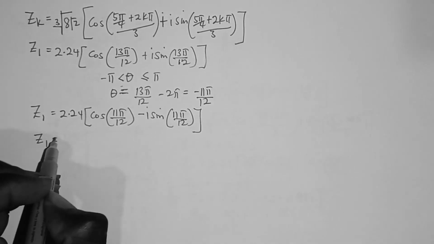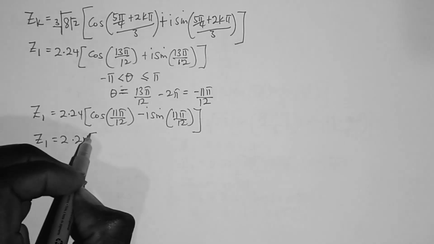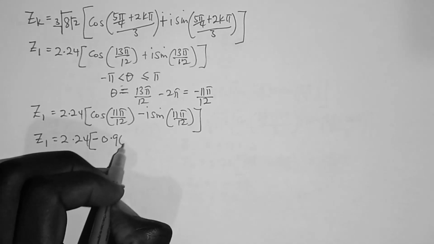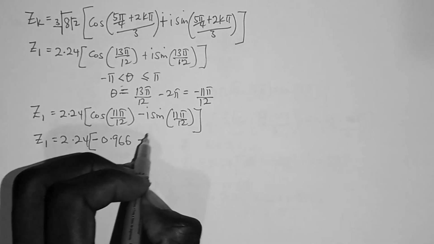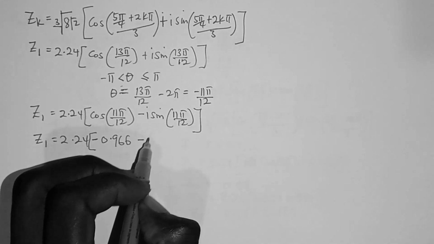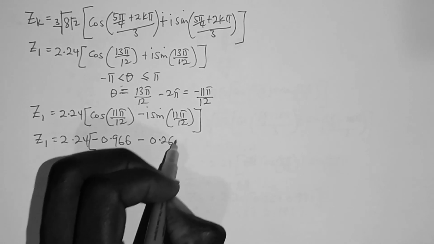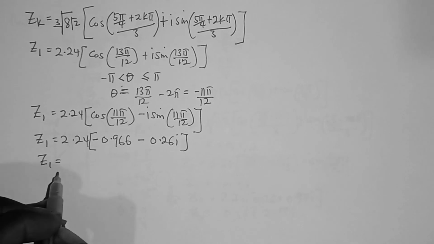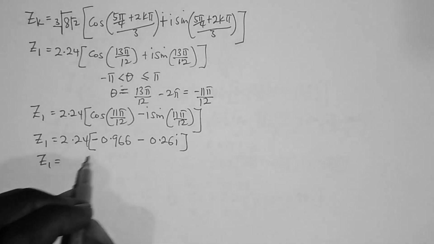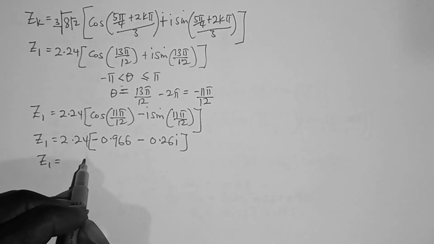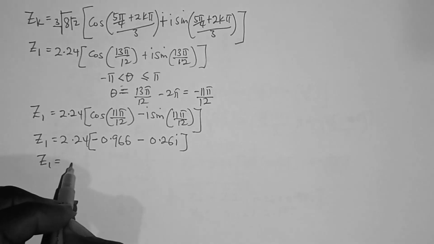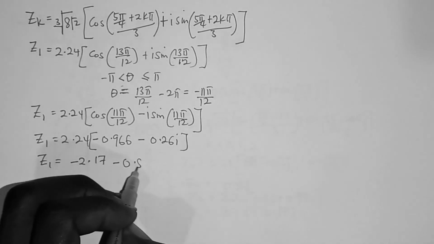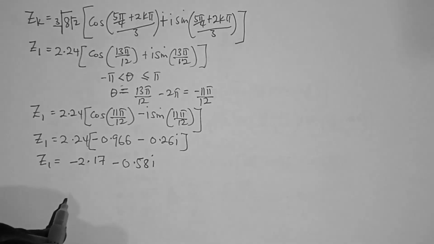So Z1 is equal to 2.24 times cos 11 pi over 12, which is minus 0.966, then minus sine 11 pi over 12, which is 0.26i. So if we multiply 2.24 by minus 0.966, it will give minus 2.17, minus 0.58i.